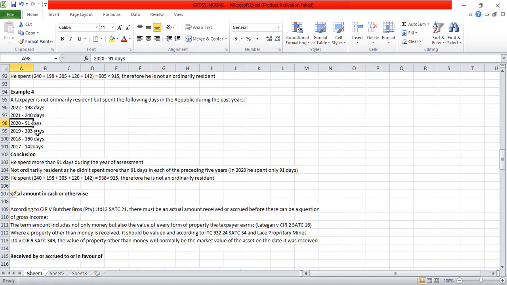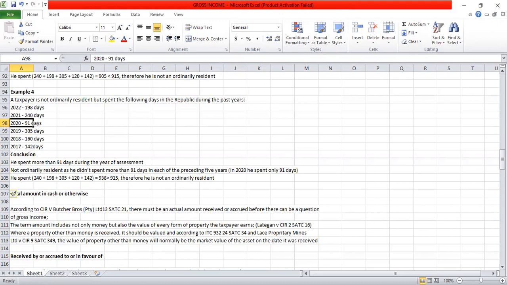It should be greater than 91 in each of the 5 years. So the fact that he only spent 91 days exactly means he doesn't meet the criteria for ordinary residence.